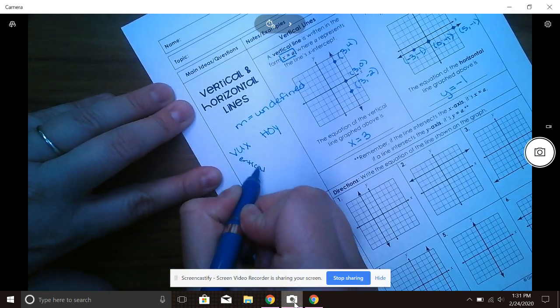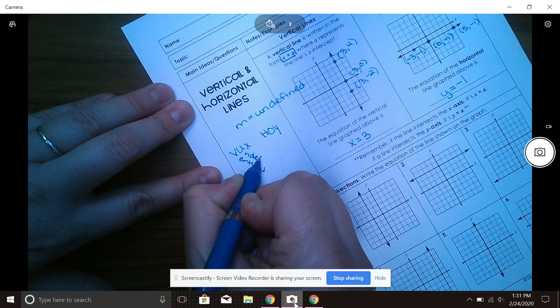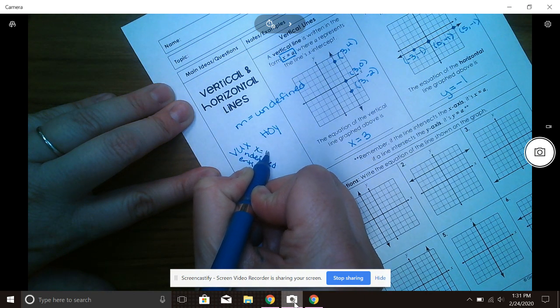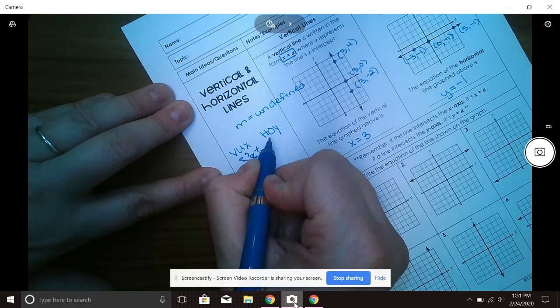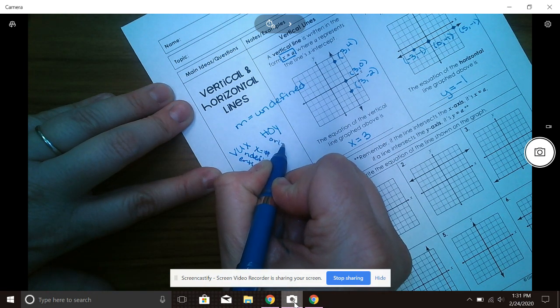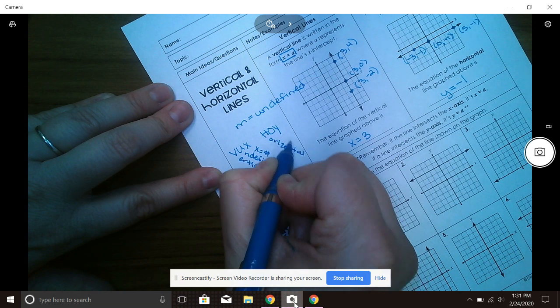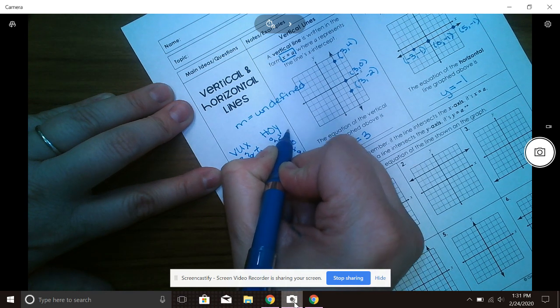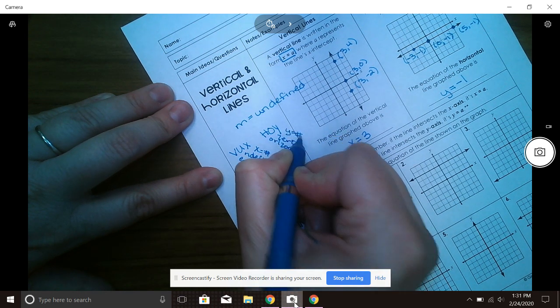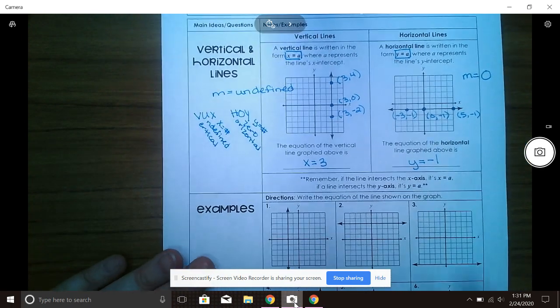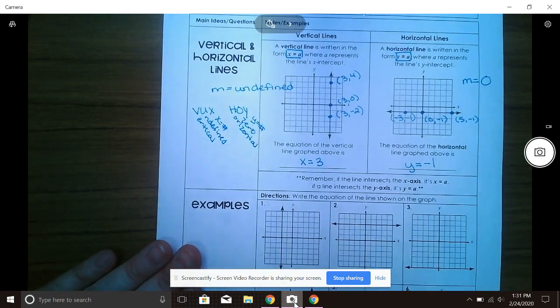Vertical lines have an undefined slope and x equals a number as the equation, versus horizontal lines have a 0 slope and y equals the number equations. Maybe that's a good way for you to keep that organized.